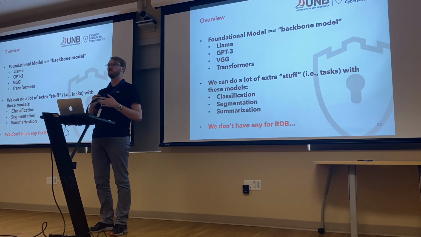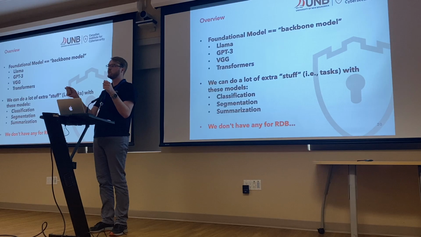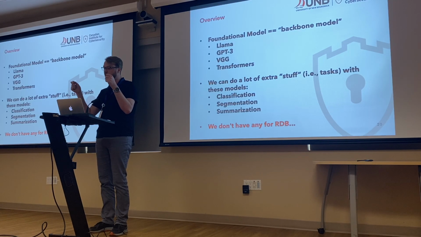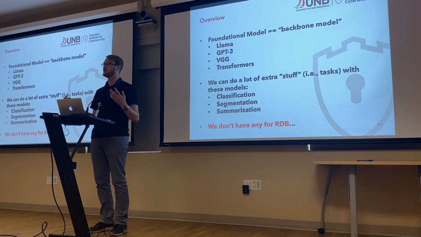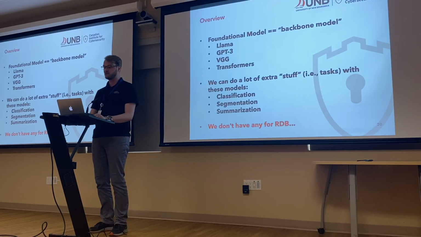For example, if we're thinking about VGG or convolutional neural networks, we start with an image, and at the very end we're given some vector that represents that in very high dimensional space. That is the backbone model, or the foundation model. But what we do after with that, we might do classification, we might do segmentation, we might do all these other image-related tasks, and we can extend this to large language models if we wanted to do summarization-based tasks.